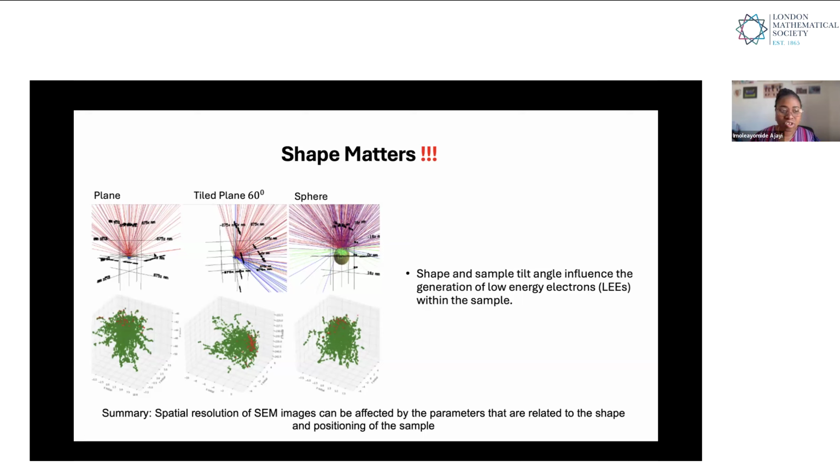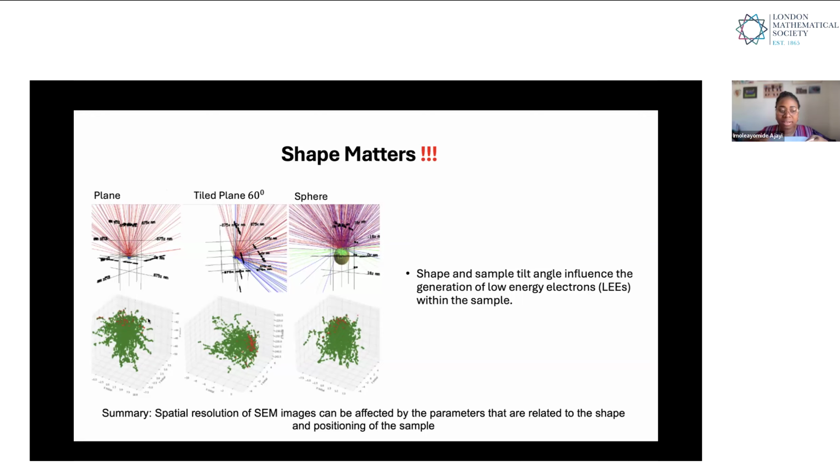From this image, you have a flat plane, something really flat. When you shower the beam on that sample, you will see in our plots below each sample that the interaction is different.